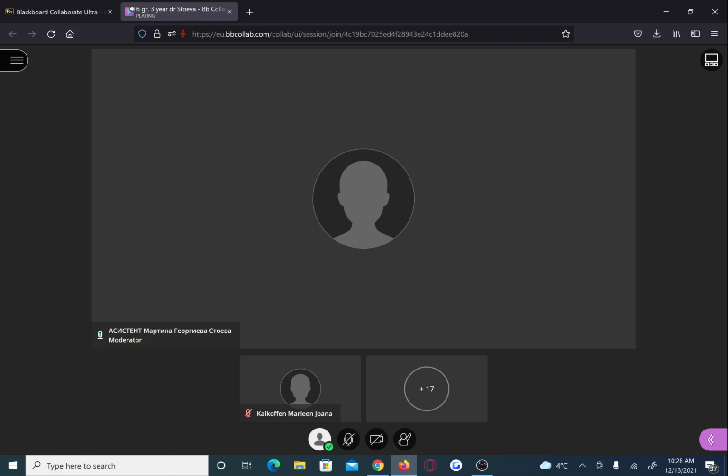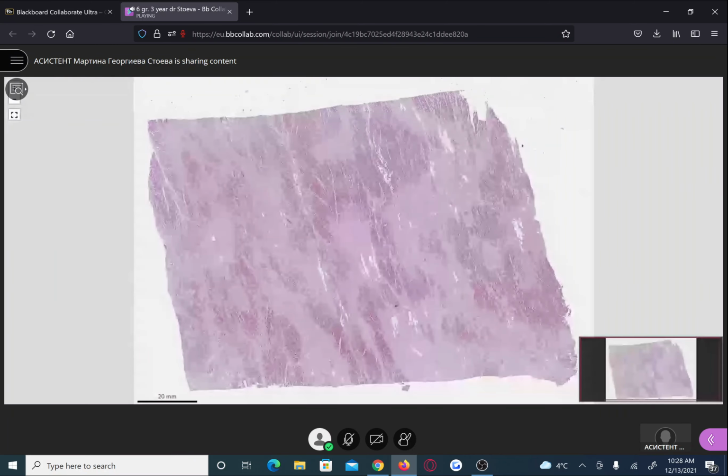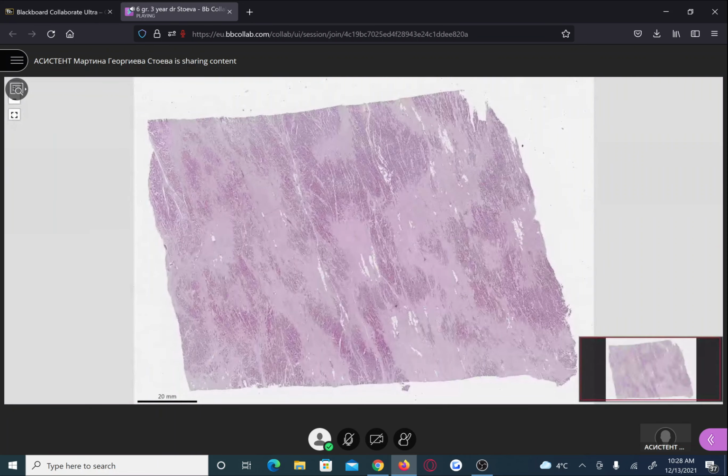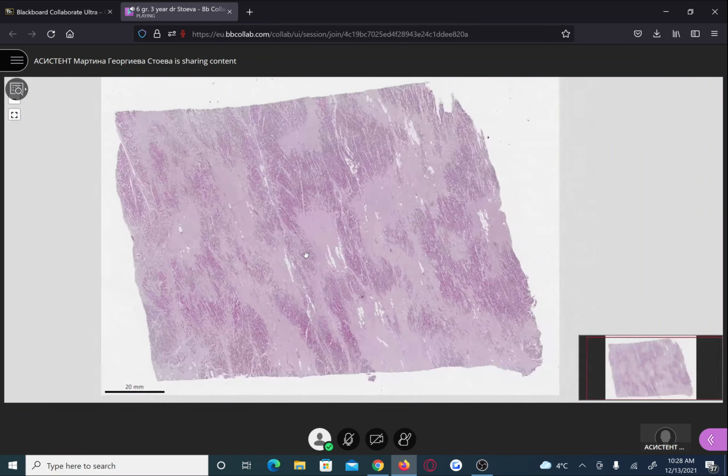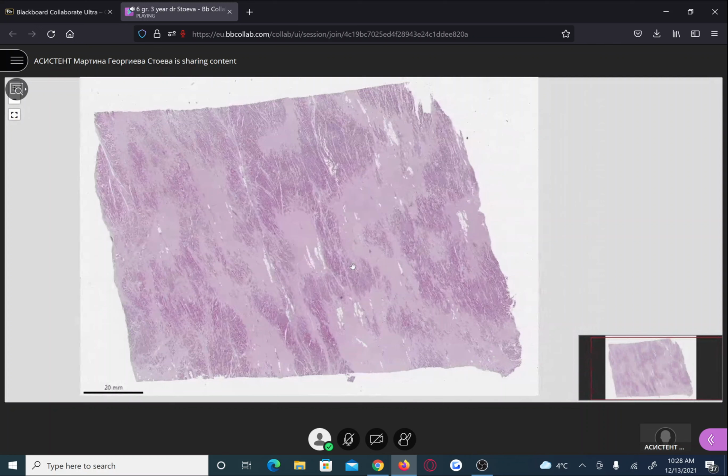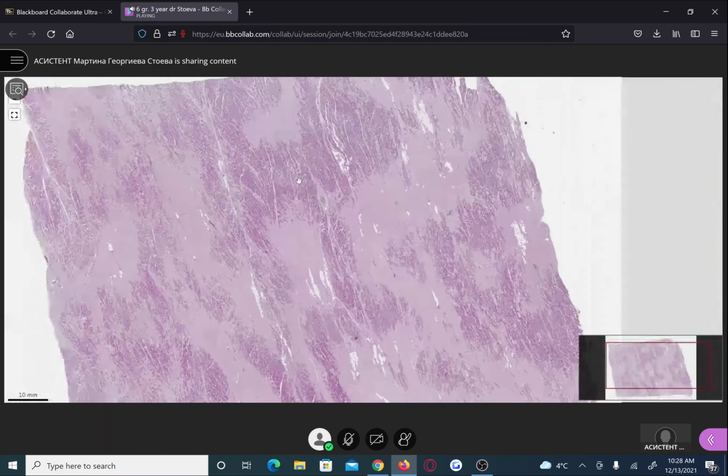Then you continue with the next slide, number 9, myocardial cicatrix. The cicatrix is the paler zone, and the more darker area, this is the normal myocardial parenchyma where we can recognize the cardiomyocytes and the organ.